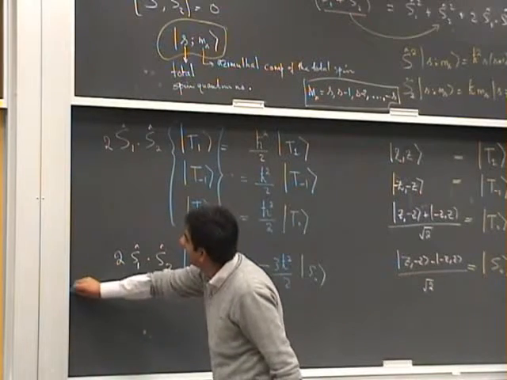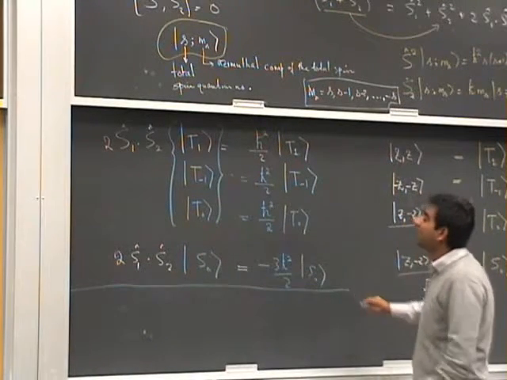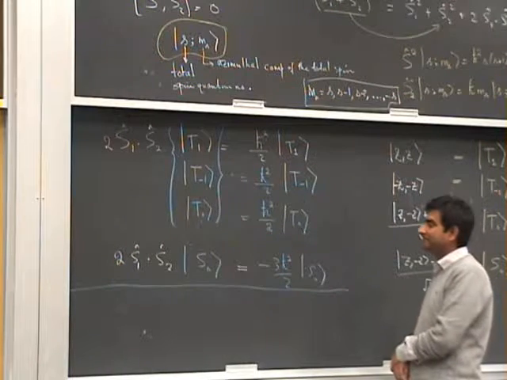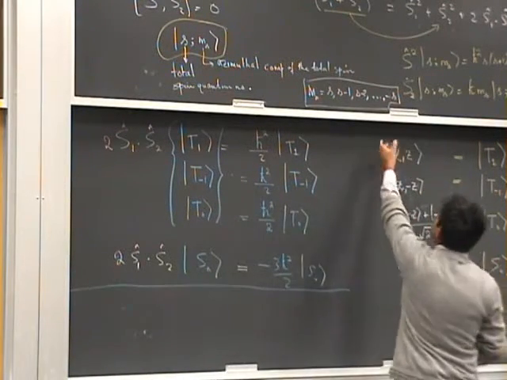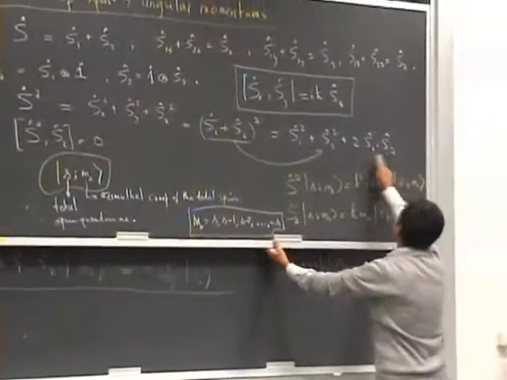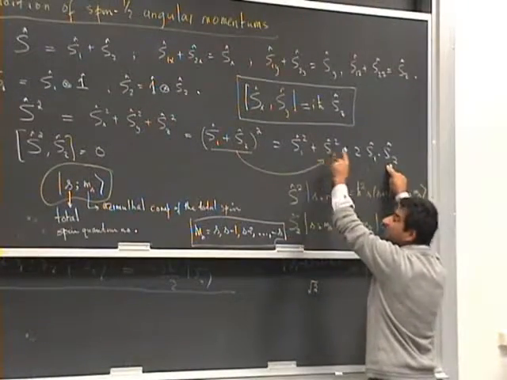So these are the 4 eigenstates of S1 dot S2. But our S squared is really 2 S1 dot S2 plus S1 squared plus S2 squared.